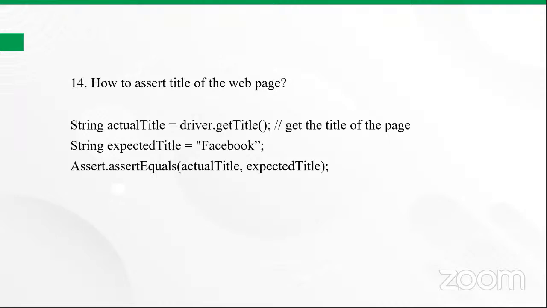Here nothing will be returned. This will just compare the two strings, and if they are equal, the test case will be a pass, else the test case will be a fail. Okay, got it. Then I think we can move on to the next question.